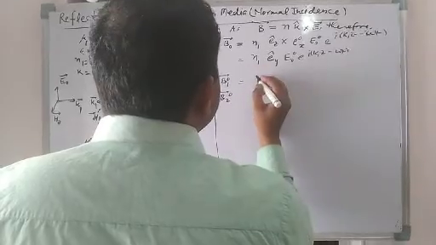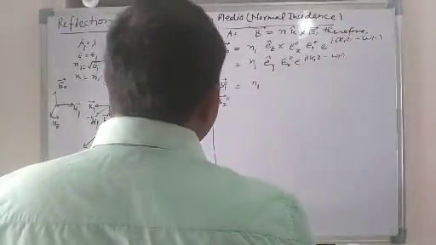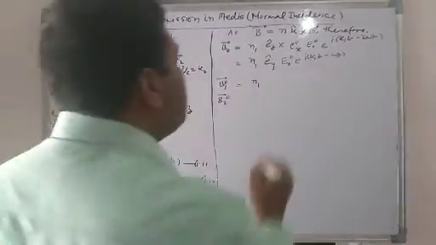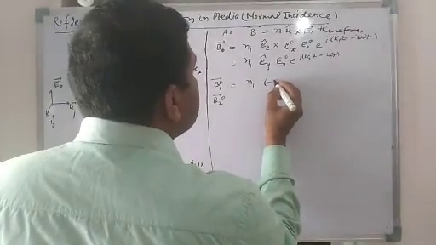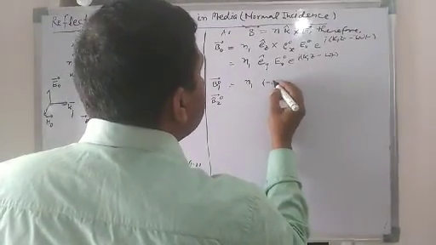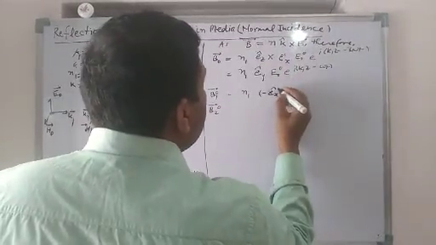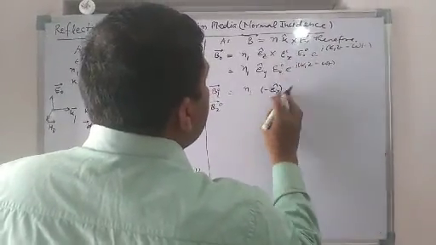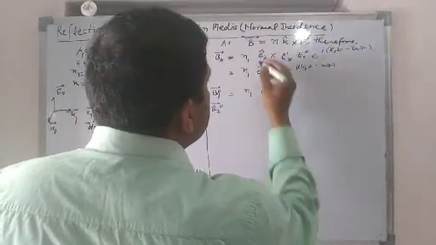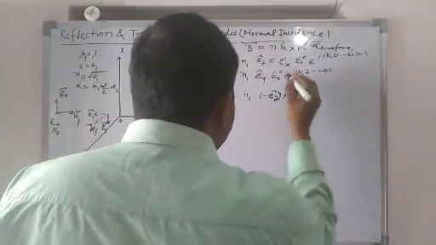So let's see what B2 naught would be. Again you will have n1 as the refractive index. However, the K vector gets changed. So this is going to be minus Ez vector cross Ex naught.